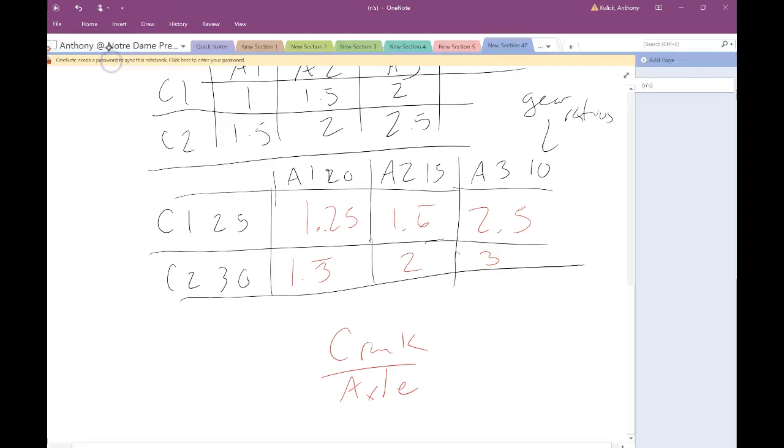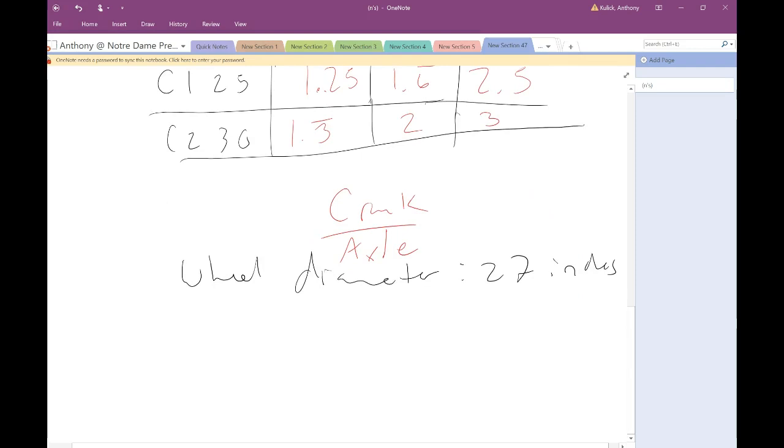And then I would also have to give you the wheel diameter. Let's say it's 27 inches or something. So in addition to asking you to calculate gear ratios, I could ask you how fast in pedal revs per minute to go, say, 35 miles per hour, or 10 miles per hour, it doesn't really matter.